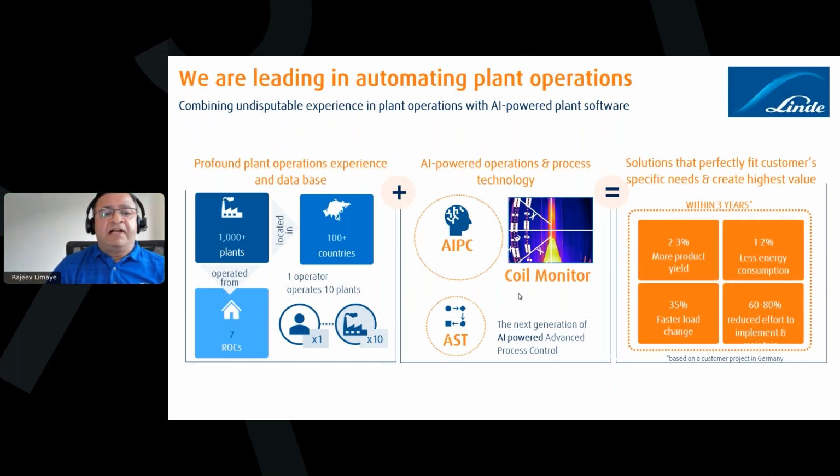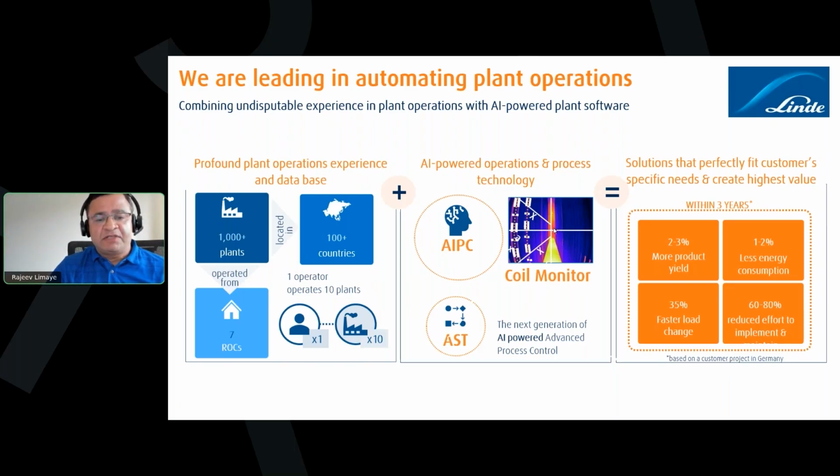Many of the advanced automation applications are developed indigenously by Linde. For example, AST is an application that allows automatic plant startup, which is a very important function to be able to run in autonomous mode. We have some asset performance monitoring applications such as Coil Monitor, shown here as a picture.